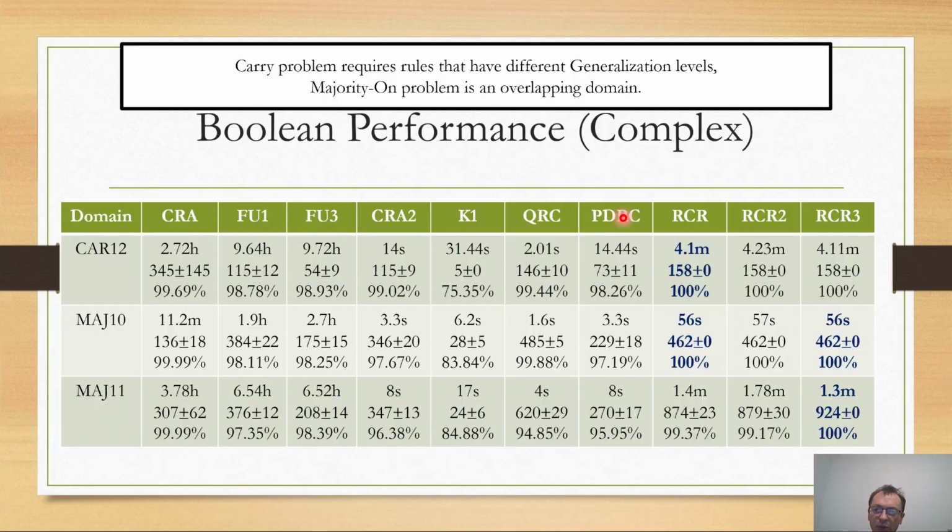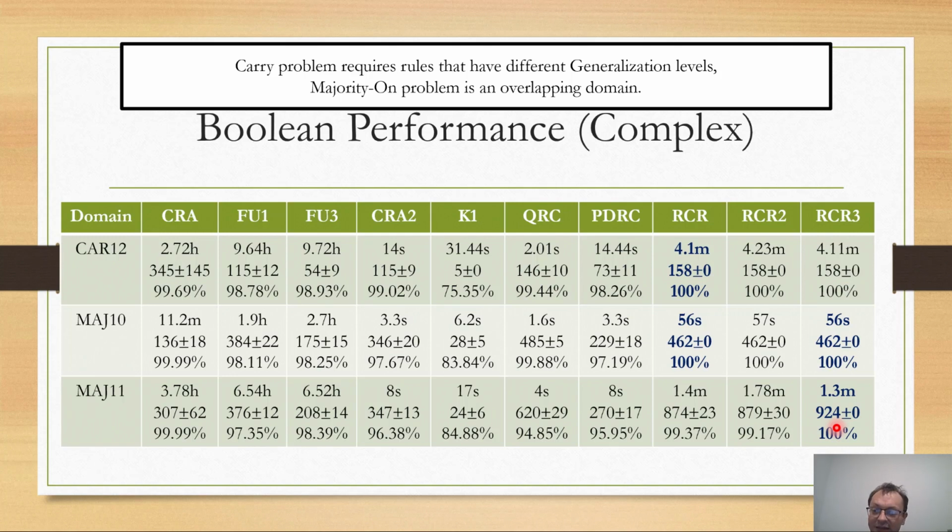Complex problems that require lots of different generalization levels, we perform at 100%, whereas the previous techniques have a tendency to remove 1 or 2 good rules, and that reduces their performance accuracy. For the majority on problems, the really large scale ones, where there's, say, the majority on 10-bit or the majority on 11-bit problem, again, RCR3, because it can handle the problem of overlapping rules where you might have only 1 in 124 instances being overlapping, it gets complete accuracy.